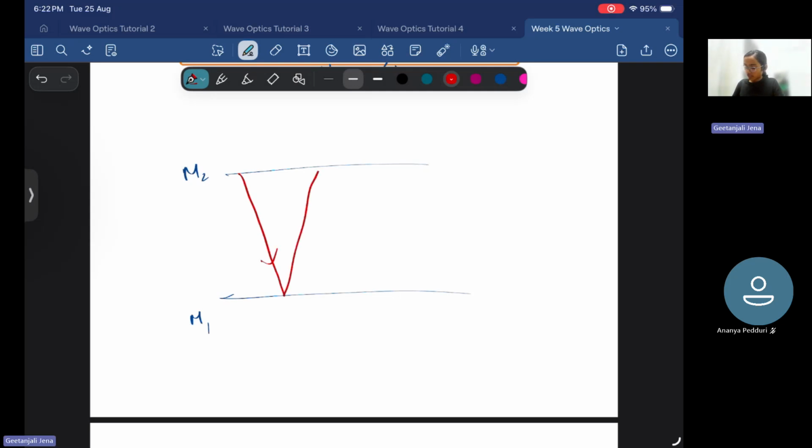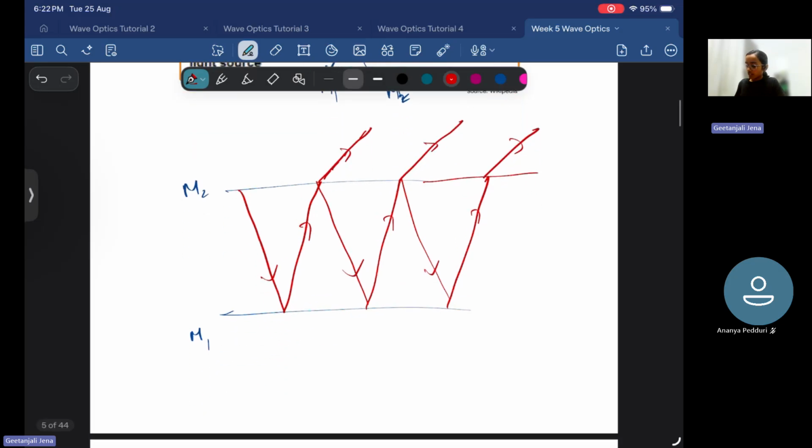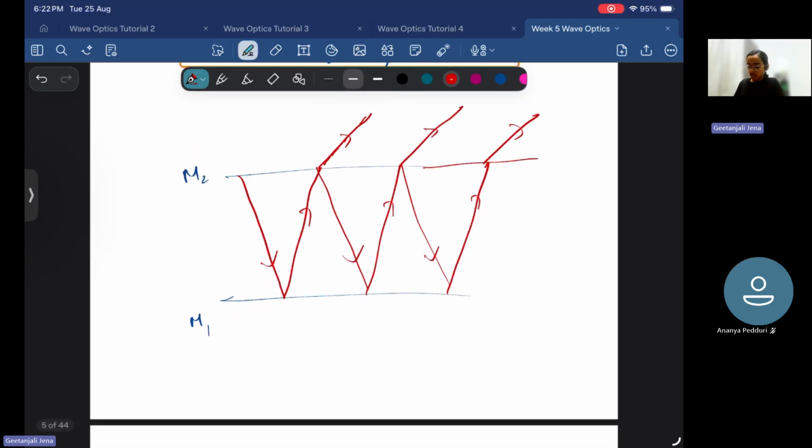Light is incident, then it undergoes multiple reflections. I hope the mathematical part that has been covered is clear to you. If not, let me know and I will try to cover it also.